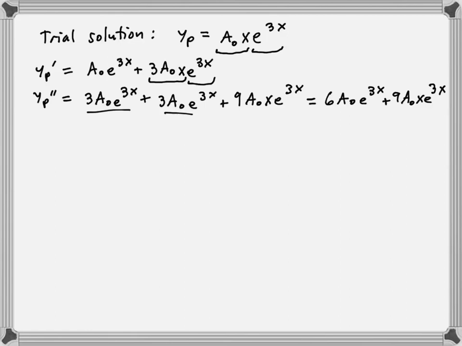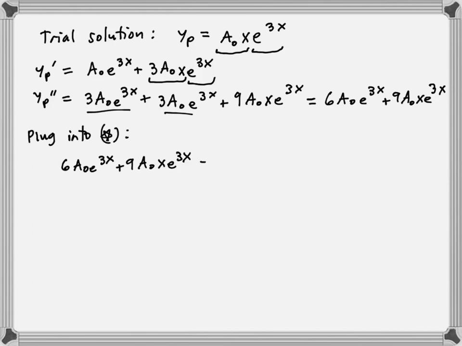So I got my yp prime and my yp double prime. I'm going to plug them all into the star equation. What do we get? First you do the double prime, so I get 6a naught e to the 3x plus 9a naught x e to the 3x, minus 2 times y prime.